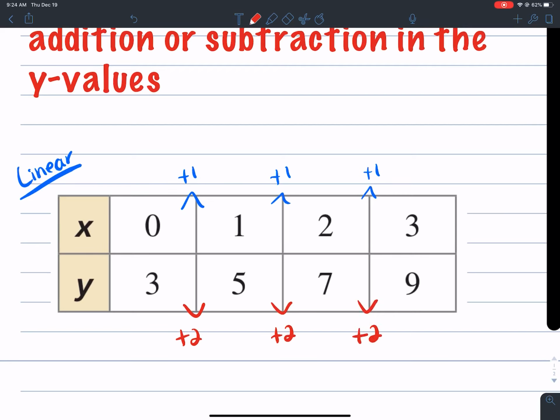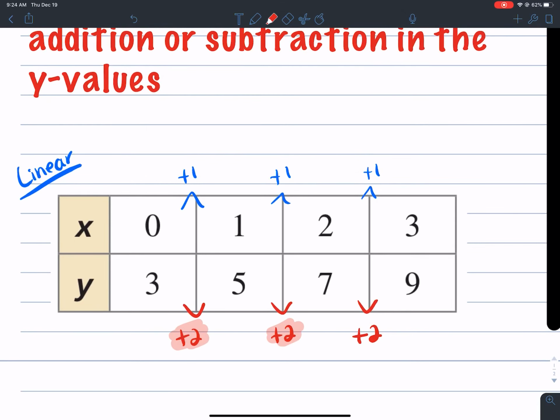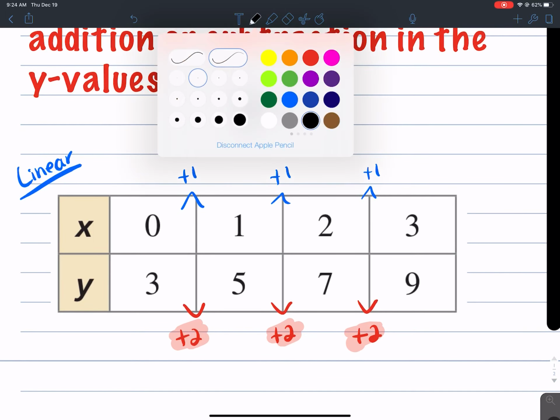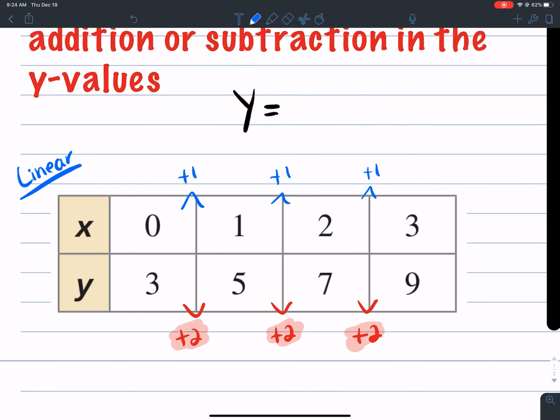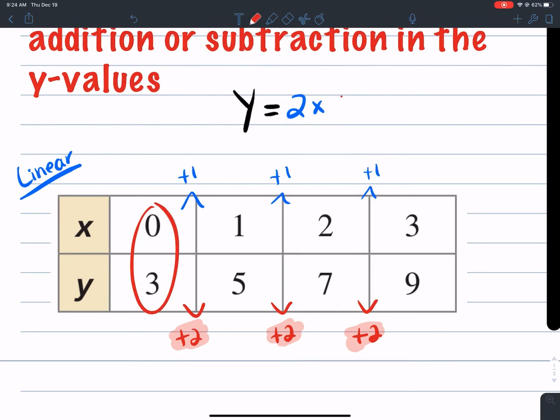So every time I change x by 1, the y value is always changing by a constant amount. So with that, then we'd be able to write an equation, right? We know y would equal, in this case, 2x, because that's our slope, and then our y-intercept, when x is 0, would be 3.